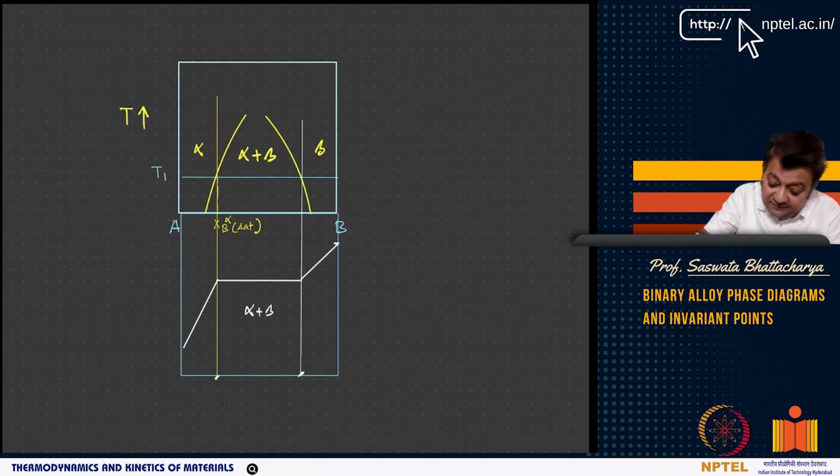Similarly, this curve represents the maximum solubility of A in beta. Beta is a B-rich solution, so B is the solvent and A is the solute in beta. In alpha, it is an A-rich solution, so A is the solvent and B is the solute.